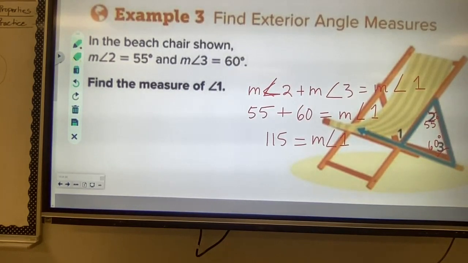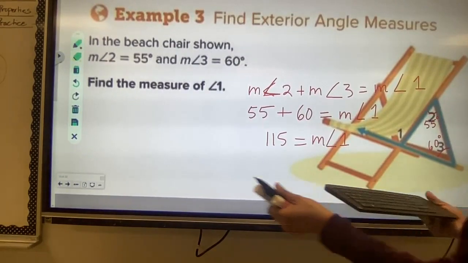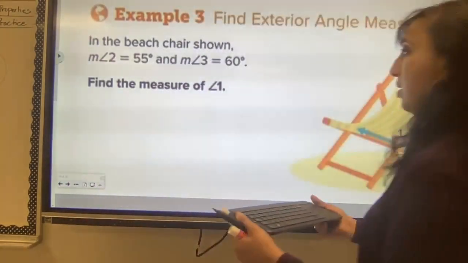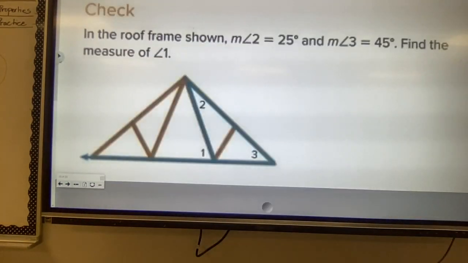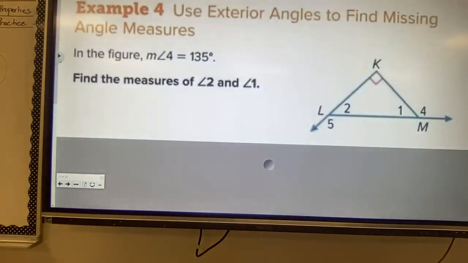Let's do another one, and that'll be the last problem to practice. Here we go. Example 4.